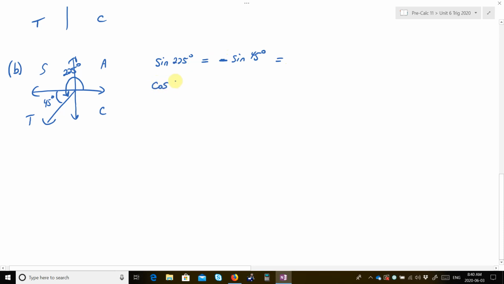And we could also do cos 225. It's going to be equal to cos of 45 degrees. Tan is the only one positive in that quadrant, so that's going to be negative. And tan 225 is equal to tan 45 degrees, and in quadrant 3, where the 225 degree angle is, tan is positive, so that one will stay as positive. And I guess we have to look at the 45, 45, 90 triangle, which goes 1, 1, root 2.